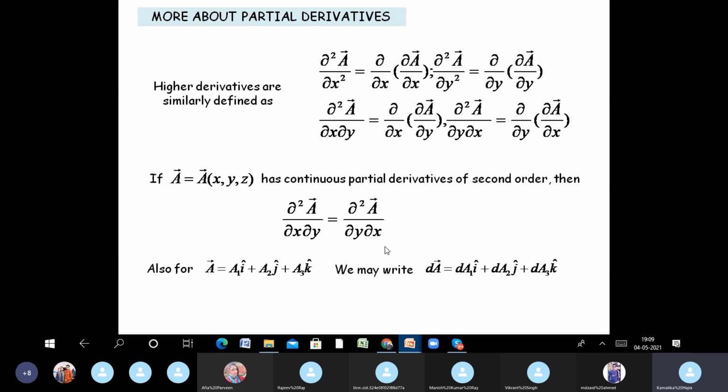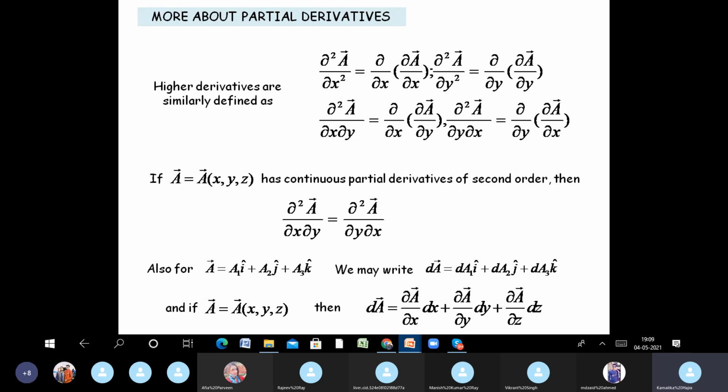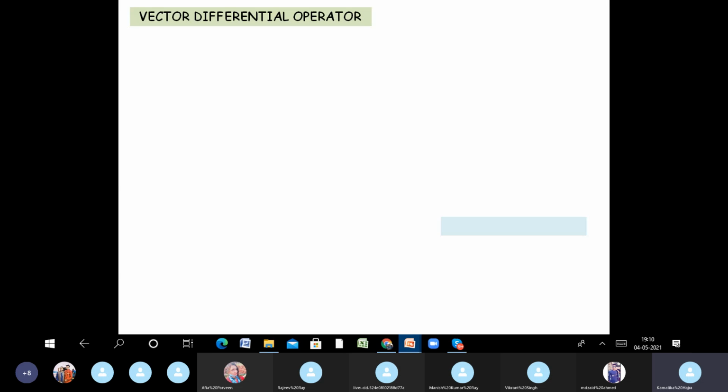Okay, and these are two more properties of partial derivatives which you just need to know, because we are going to apply them in other formulae that we are going to derive later on. Now, more important than the ordinary derivative or the partial derivative is the vector differential operator that I introduced to you in the last class, and that we are going to elaborate on in this class.